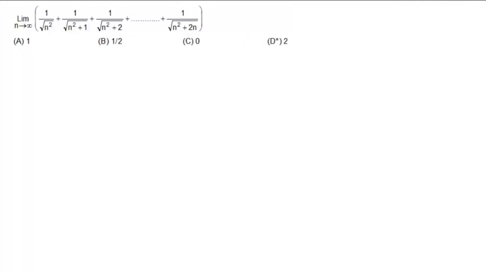Now here we need to find this limit: 1 upon under root n square plus 1 upon under root n square plus 1, up to 1 upon under root n square plus 2n. Now for this limit we know that under root of n square will be less than under root of n square plus r, and will be less than or equal to under root of n square plus 2n, where the value of r varies from 1 to 2n.